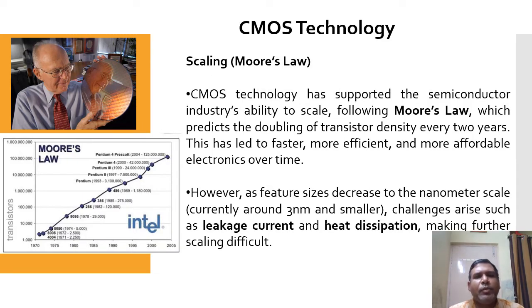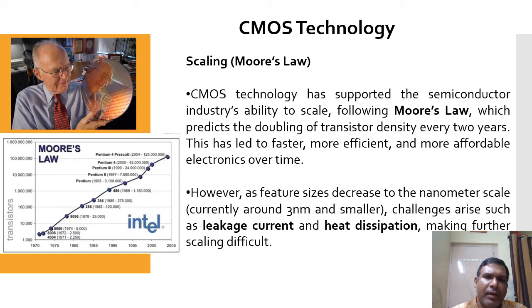And another one of the greatest advantages, as I just told, is that CMOS is easily scalable. CMOS means MOSFET is a scalable device. Any type of MOSFET, either P-type or N-type MOSFET, can be scaled down.